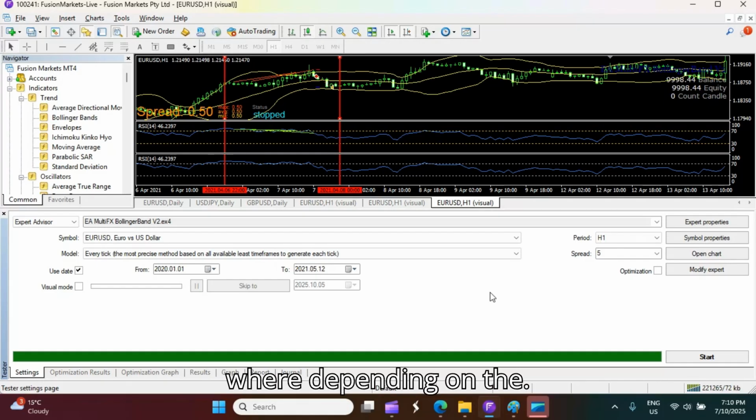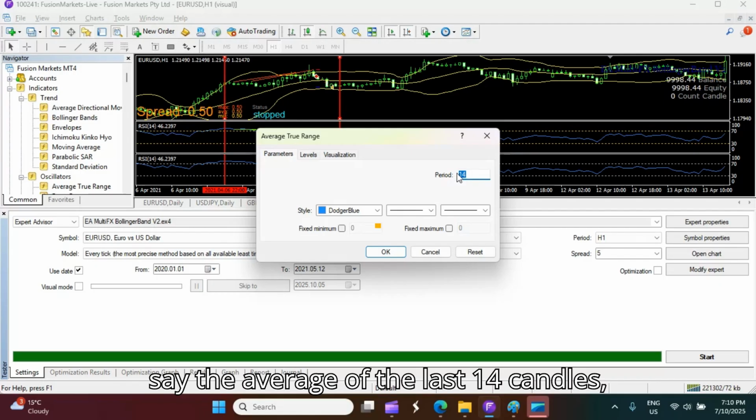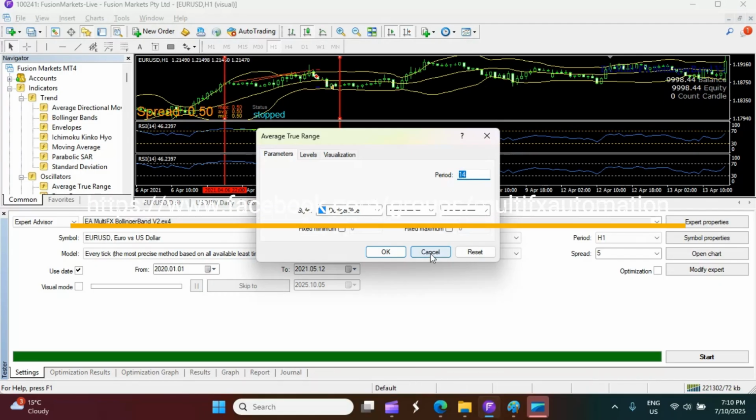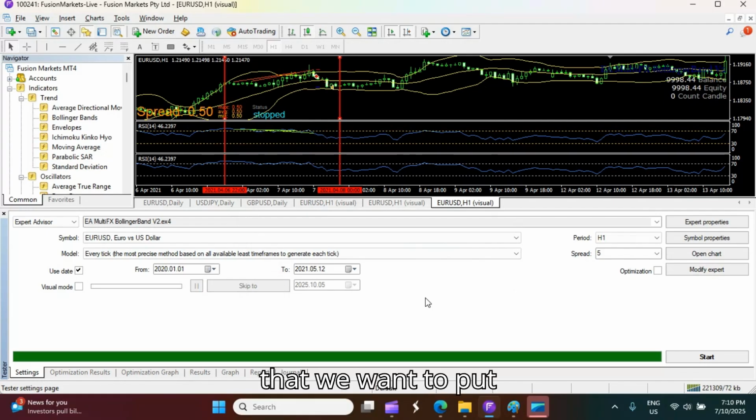Where depending on the average range of a certain period, right? So this is the indicator. So let's say the average of the last 14 candles, right? That's the stop loss that we want to put in on the bot.